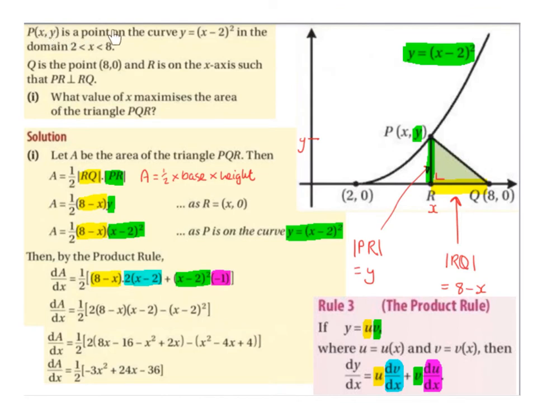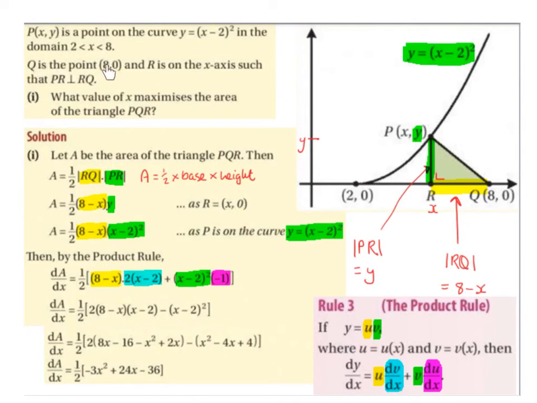P(x, y) is a point on the curve y equals (x minus 2) squared in the domain x values between 2 and 8. So here we have the point (x, y). And here we have the curve y equals (x minus 2) squared. And the domain goes from 2 to 8.